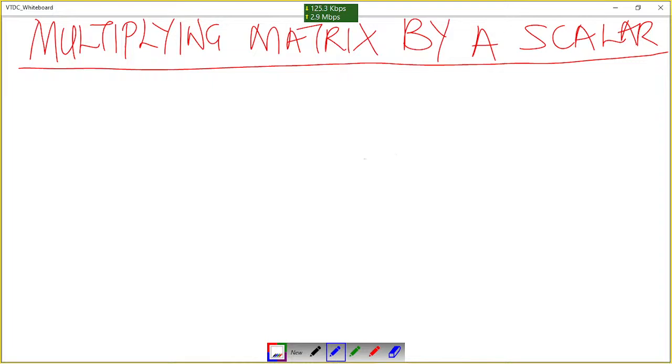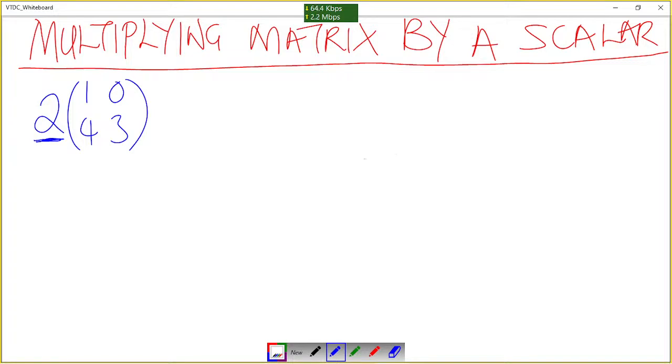The question will come from this topic. Mostly the question will be, let's say, 2, then open bracket 1 4 0 3, then close bracket. In this case, this 2 is a scalar and that is a matrix.